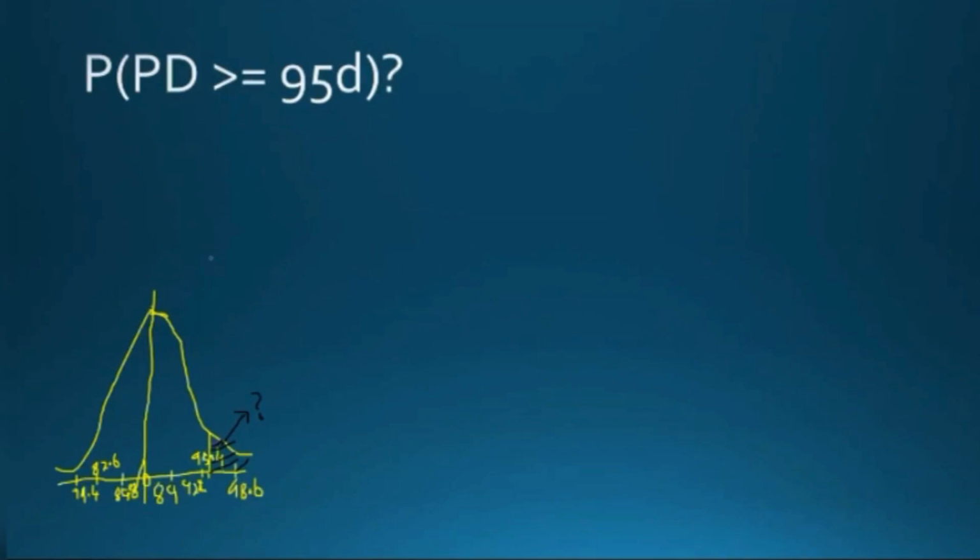Now, the value of this whole normal distribution curve, the entire curve, is 1. Do you agree? Because whichever value you take, can it exceed 1? No, right?